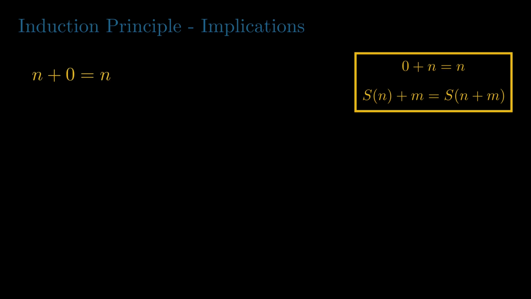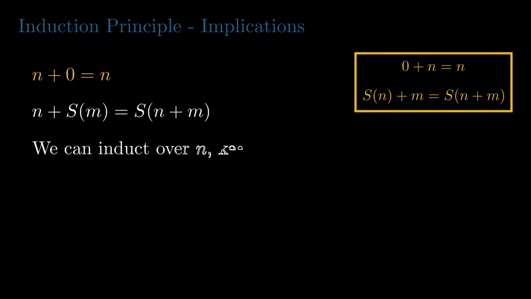Now, it is possible to show in the same way that n plus S of m equals S of (n plus m). This is the inverse case of our second formula. We can induct over n, keeping m fixed. Again, the starting point is n equals 0.